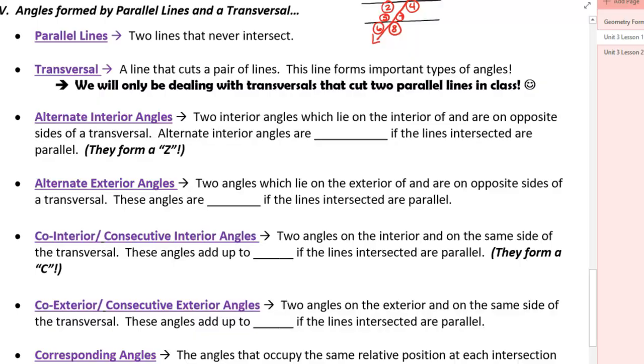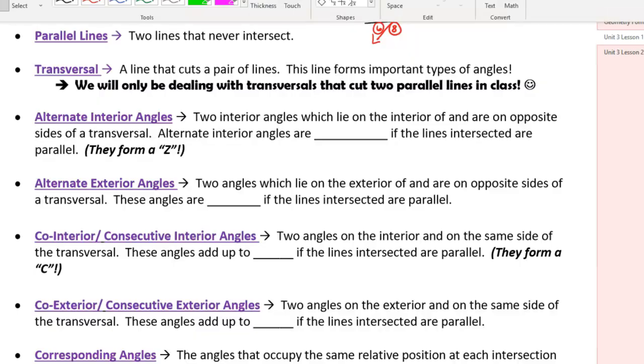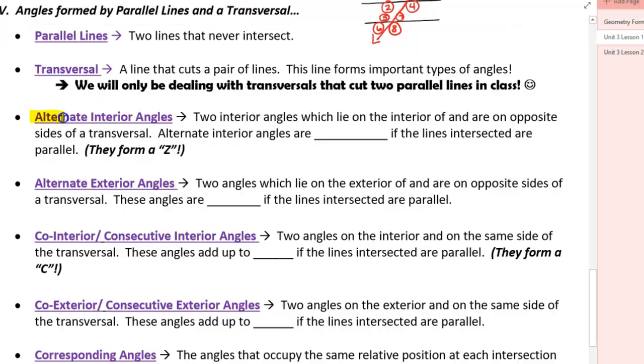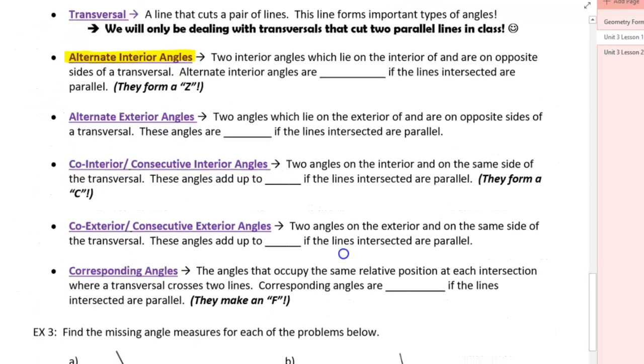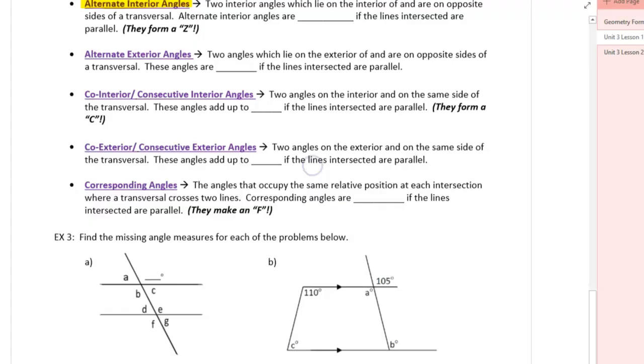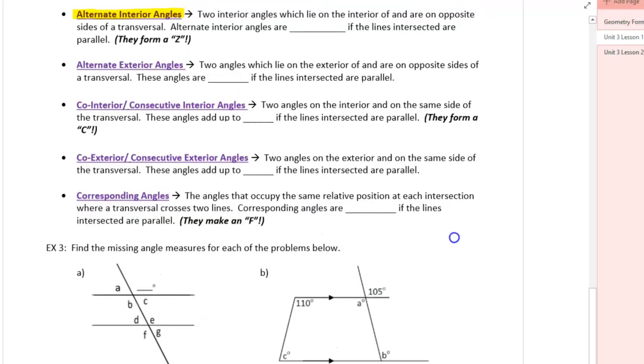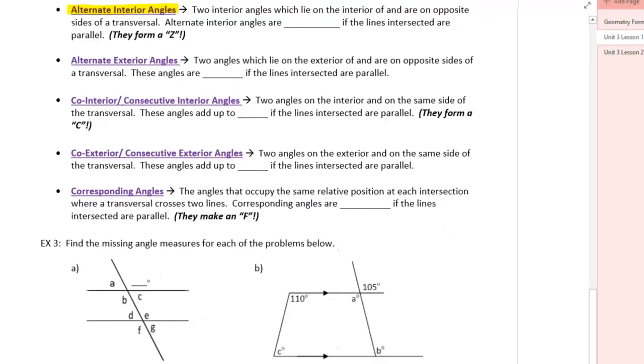So first of all, we can have alternate interior angles. And I'm going to use this figure down here because it's a little neater than the one I drew. So alternate interior angles are two interior angles. By interior, we mean between the parallel lines, so inside here.